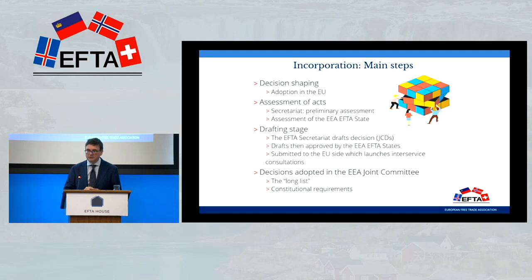And horizontal challenges can relate to the institutional setup of the agreement, the so-called 2-pillar structure, whether there are provisions in the act that relate to relations with third countries, because the agreement only regulates the relationship between the EU member states and the EFTA states.